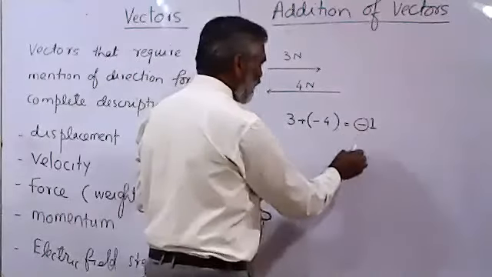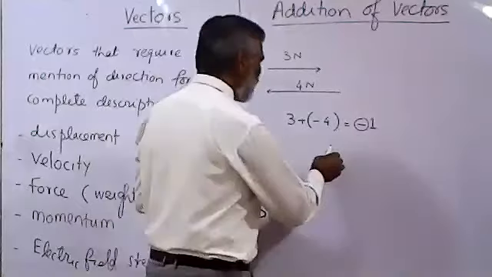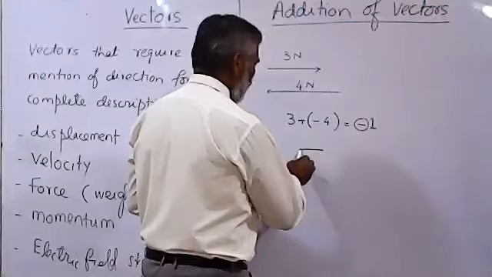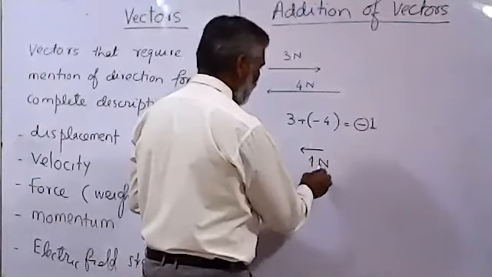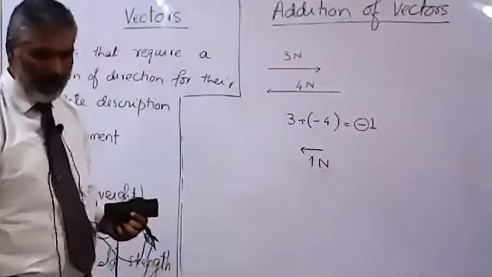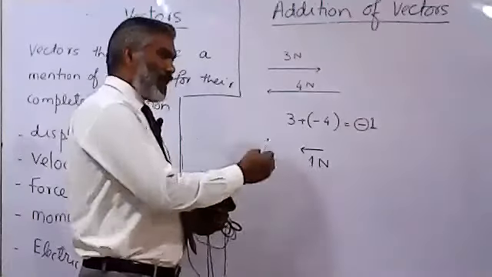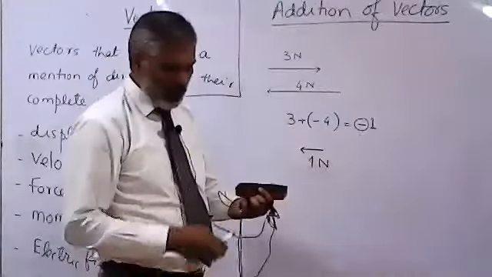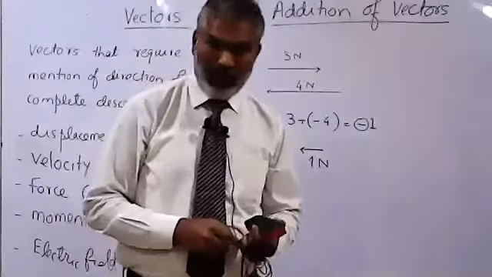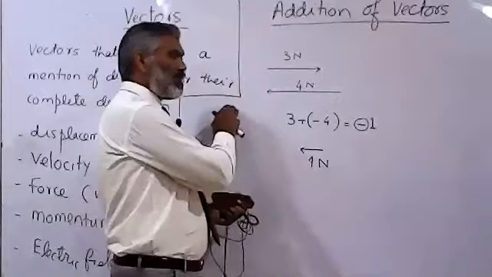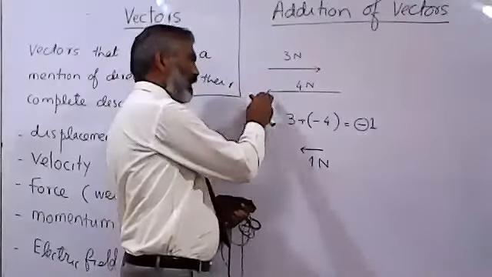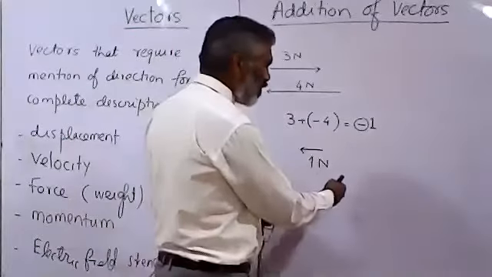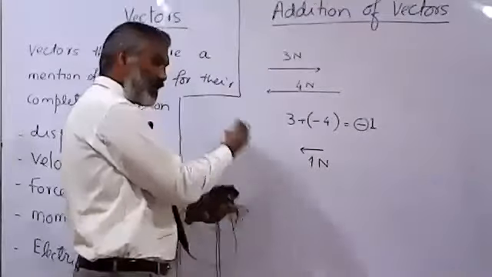Minus sign signifies the direction here. So that means I will have 1 Newton force in this direction. So this is the resultant vector. This time it is just 1 Newton force, but its direction is to the negative x direction, because the negative appears when I treat these two numbers algebraically, taking care of their signs, this being positive and this being negative. So minus 1 Newton means 1 Newton force to the negative x direction in this particular situation.